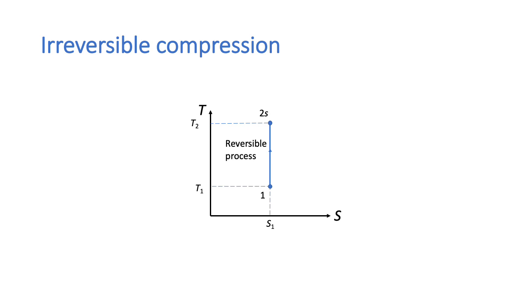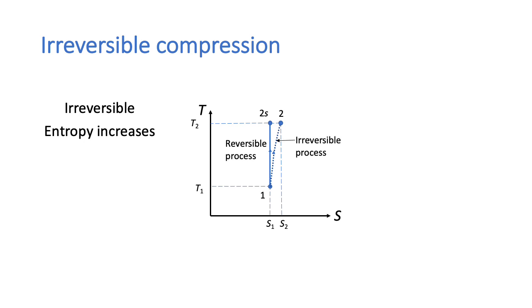Now, if we had done the same compression, but in an irreversible process, so that there was entropy generated, then the entropy of the system would have increased. If we now represent that process on the same TS diagram, then the final state would be 2, where the temperature would still be T2, but the entropy now would have increased to a value of S2. This dashed line therefore represents an irreversible process.